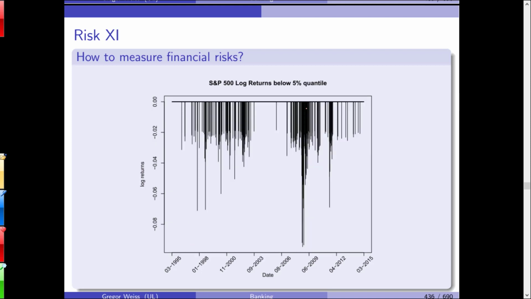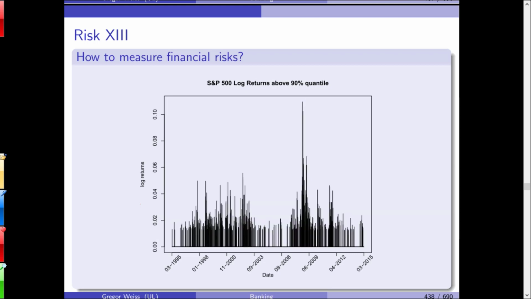And then you can also use log returns below the 5% quantile or below the 10% quantile. You can see a slight difference here. If you're only interested in the very extreme losses, then you will take the 5% quantile, or you can use the 10% quantile. If you want to have a look at the positive deviations, you can look at log returns above the 90% or the 95% quantile.